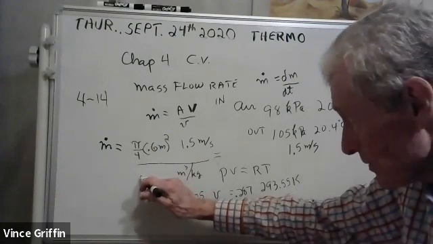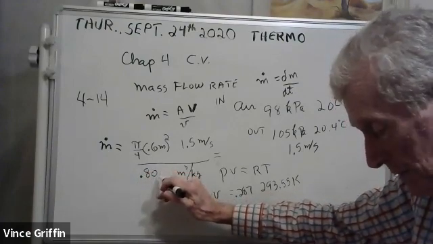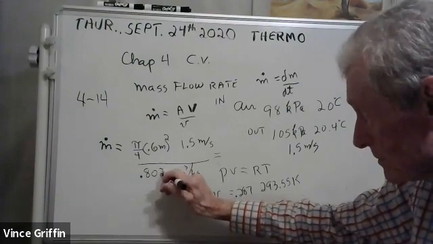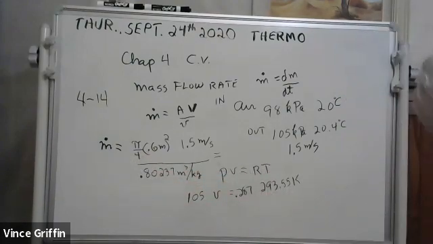I'm getting a slightly different number, not much. And so now we can get the mass flow rate. Okay, here goes. We're gonna get the mass flow rate now. Well, I got an answer.